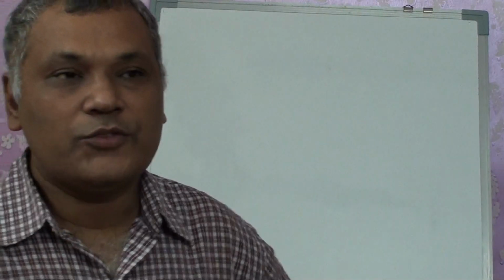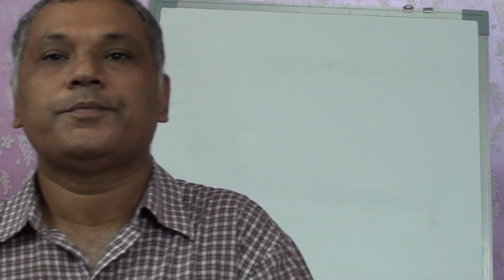Now today, in this lecture, once we have the differential equation, we will go for the integrated rate equation. This integrated rate equation is derived for different orders of reactions.